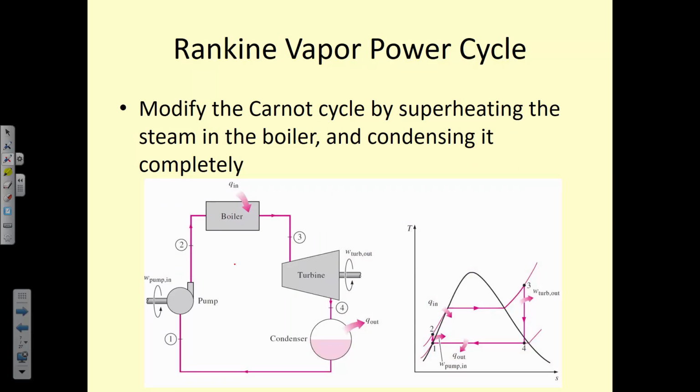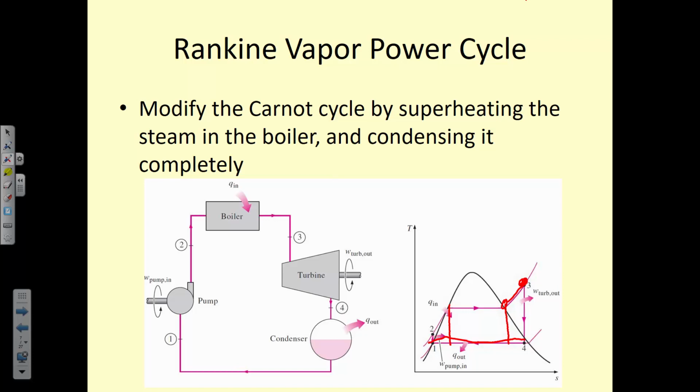So the Rankine cycle is the Carnot cycle modified to have more positive attributes when we're working with two-phase fluids. If you notice on this diagram here, if it were the Carnot cycle, we would have this neat little rectangle, but instead with the Rankine cycle, we're superheating the vapor at state 3 well above the saturation point, and we're cooling from state 4 to 1 and condensing the liquid completely from a saturated vapor all the way down to a saturated liquid.